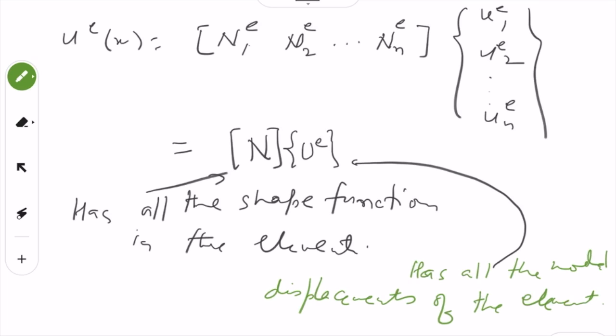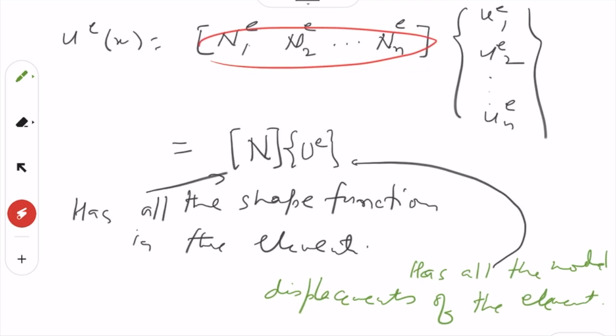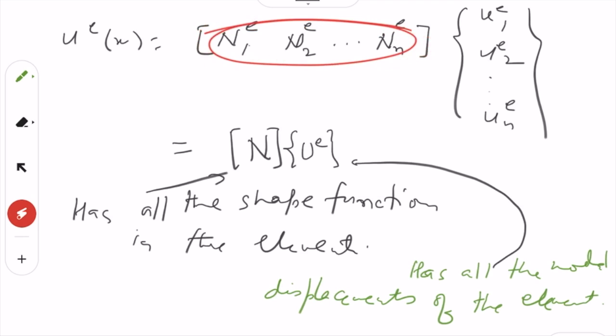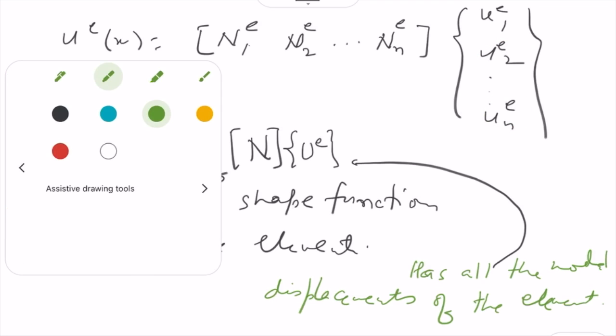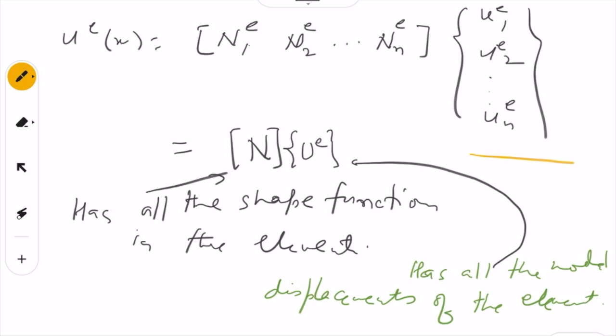So basically we also found out how to actually get these shape functions. If you have the nodal displacements, so you have these values at the nodes, but if you want to find the displacement somewhere in between, then how do we find it?